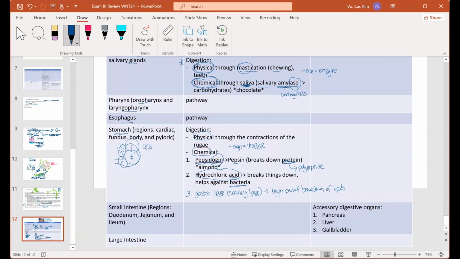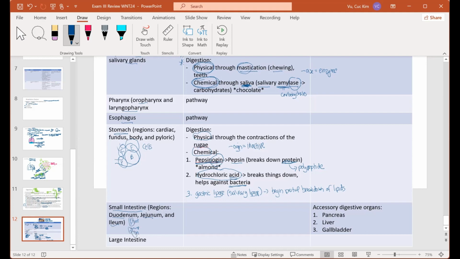From there, the food is going to go to the small intestine. The small intestine has the following regions: duodenum, jejunum, and ileum. I have a mnemonic that helps me remember that, and that's don't jump in. Don't jump in. Duodenum, jejunum, and ileum.